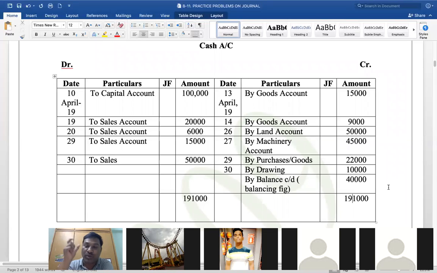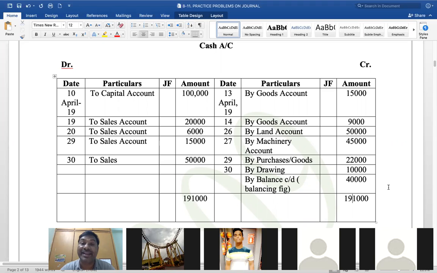After updating the data, the sales are incorporated in the ledger account. In the journal it is also written. Once this is done, the total of the debit side is 191. The highest total is taken on both sides, and on the side where the amount falls short, we fill that gap.